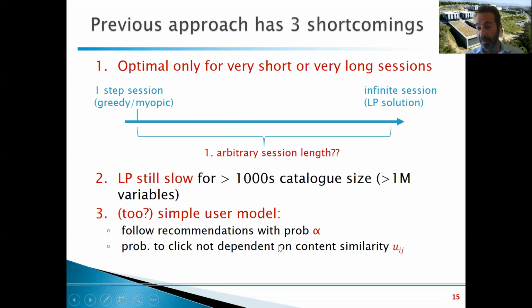And then if I do follow the recommendations, I'll pick the content uniformly, or at best showing some position preference, but it doesn't depend on the actual quality of the recommendation that I just made. In some cases, this could be a valid assumption. In some other cases, it's not. So the question is, can we actually beef up our user model a little bit?